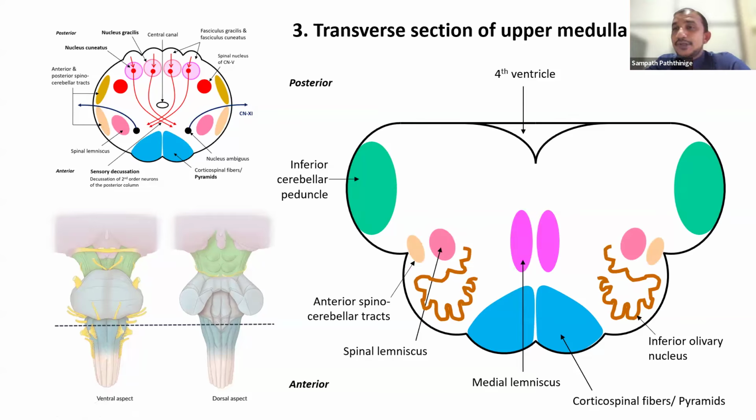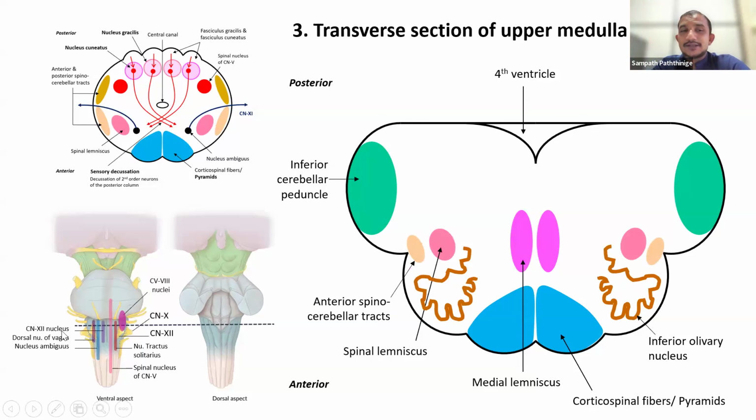Here, the important thing is the cranial nerves, or everything is important, but there are a lot of cranial nerves. So look at these as a set of cranial nerves you will come across there. But here what you need to remember is this is like the spinal cord or the medulla, which is cut and opened laterally, right? So the medulla is split along this midline posteriorly, and it is opened up.